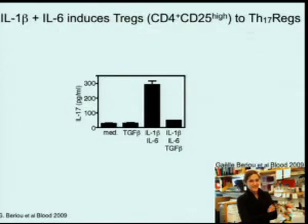So we then asked whether these conditions could drive the secretion of IL-17 by so-called natural Tregs isolated ex vivo from normal subjects, work done by Gael Bureau, and we found that IL-1 plus IL-6 indeed induces Tregs to secrete IL-17. Interestingly, this IL-17 secretion was inhibited by TGF-beta.